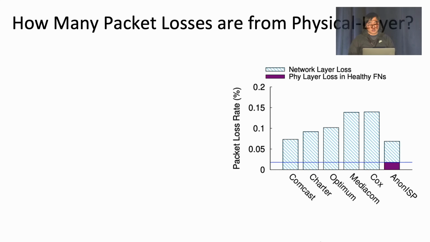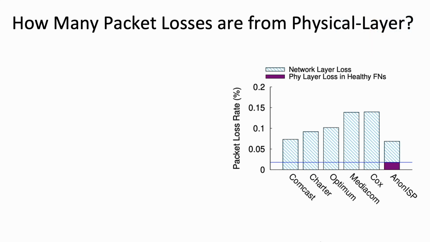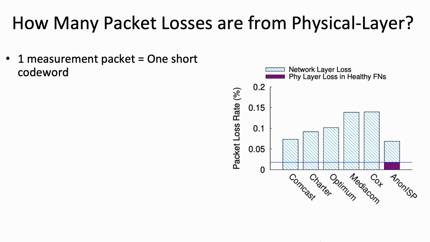This figure shows our estimated results. Since the FCC measurement only uses small packets, 1 packet will be encoded into exactly 1 short codeword. So we can approximate the value of the packet loss rate with the value of the codeword error rate.